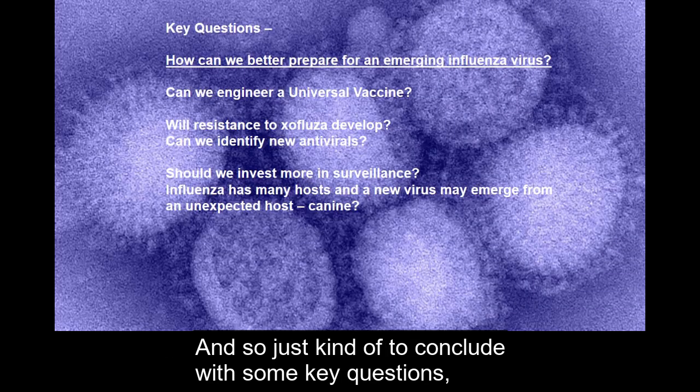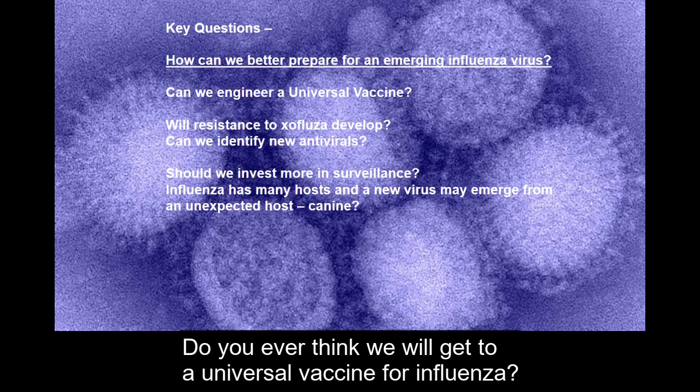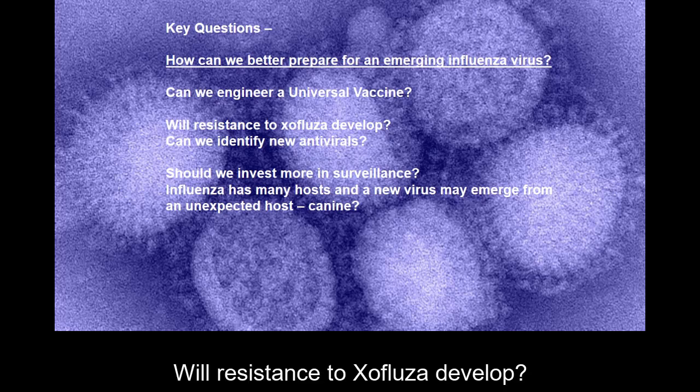And so just to conclude with some key questions, how can we better prepare for an emerging influenza virus? Do you ever think we will get to a universal vaccine for influenza? Will resistance to Xofluza develop? How likely is that to occur?